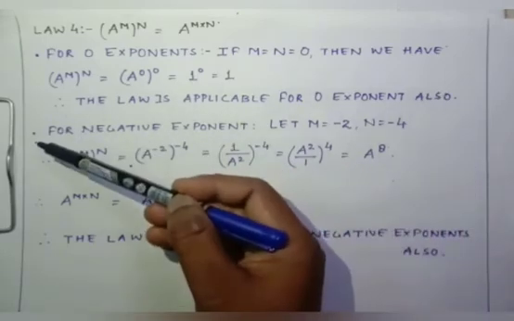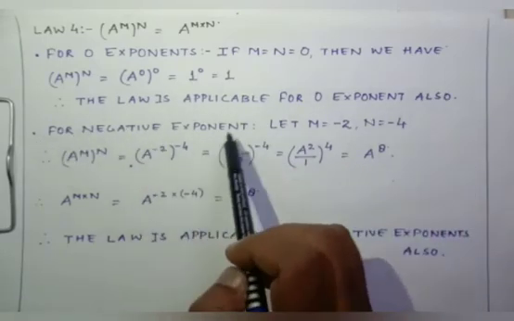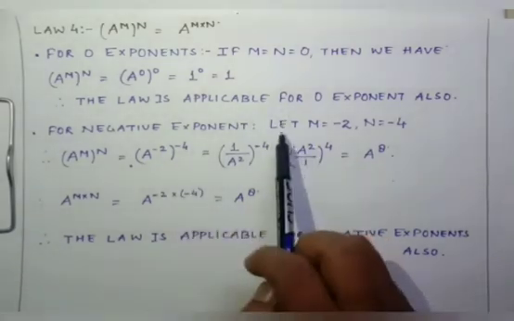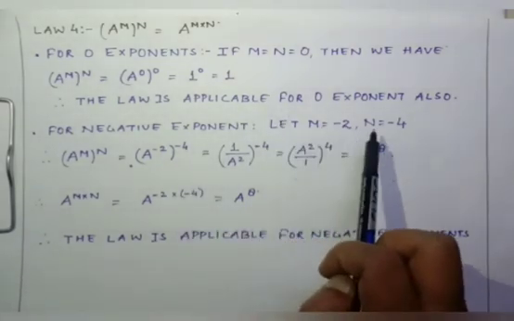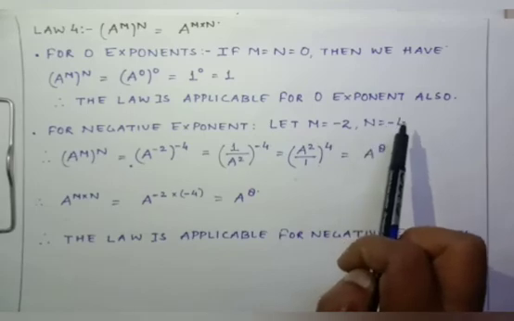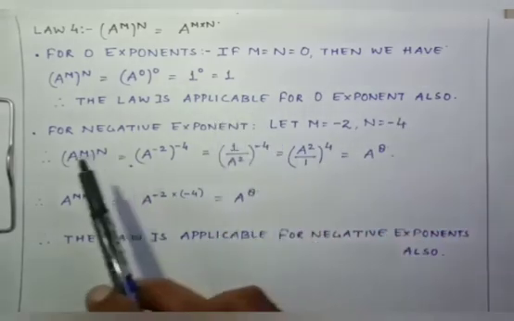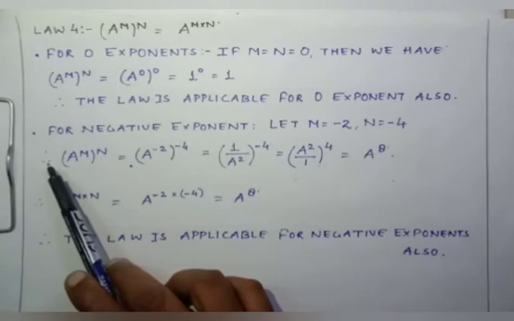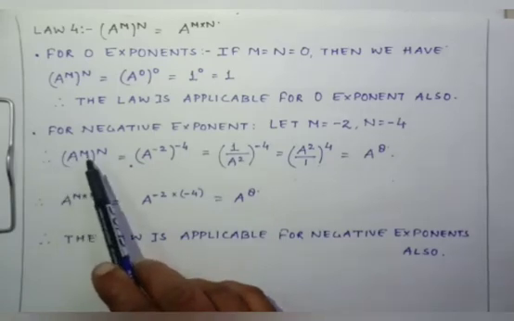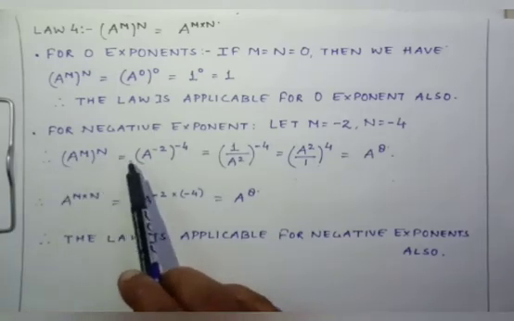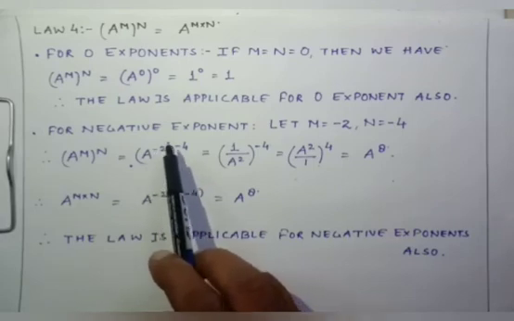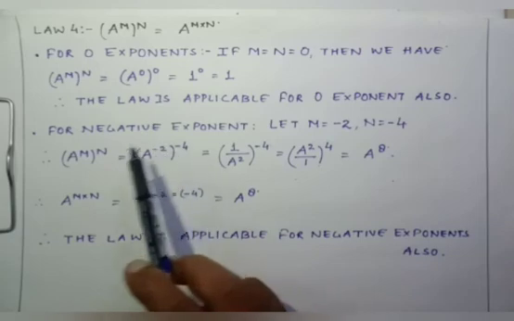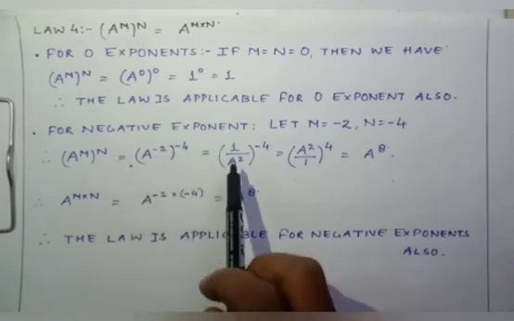Let us come to another rule, that is for negative exponents. Again, we are going to give certain values, that is m is equal to -2 and n is equal to -4 to the exponents. With the same formula, a to the power m to the whole power n is equal to a to the power -2, that is the value of m, to the whole power -4, that is the value of n, is equal to.